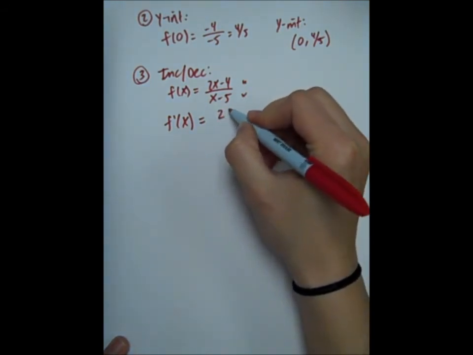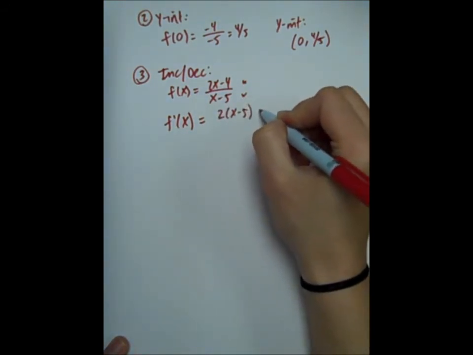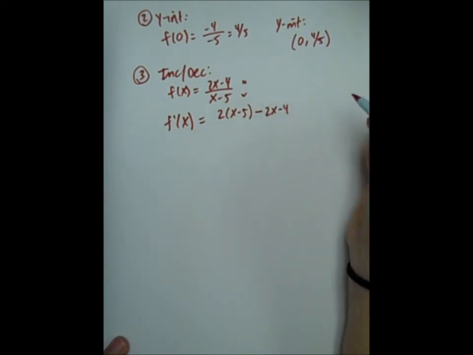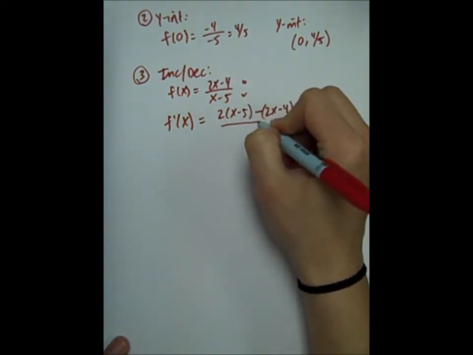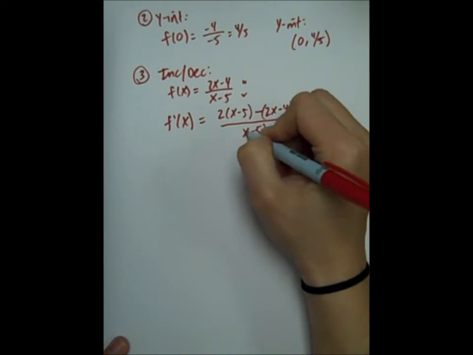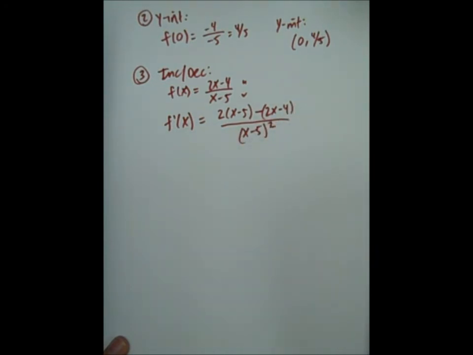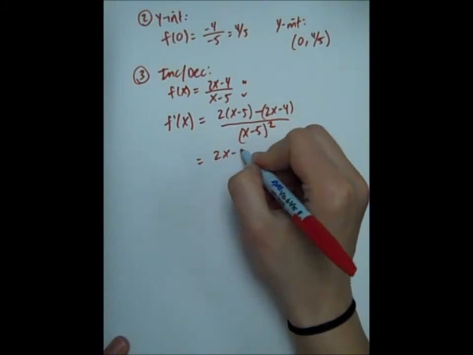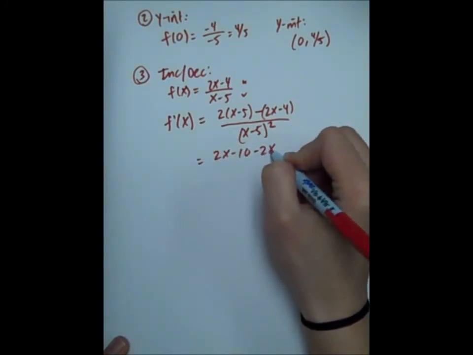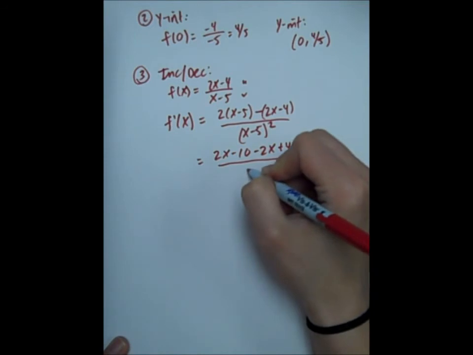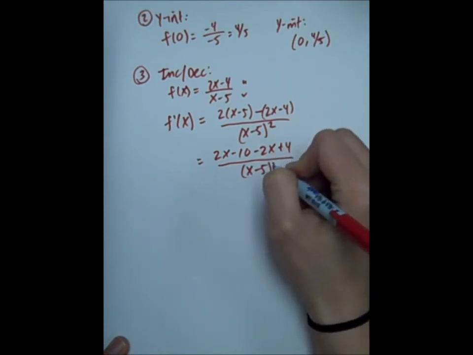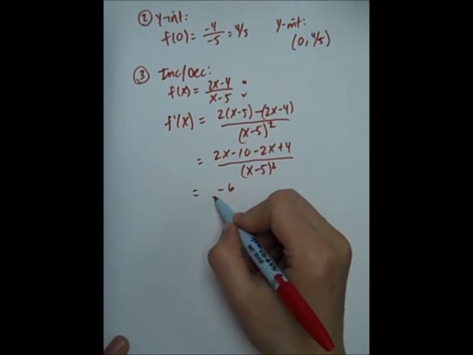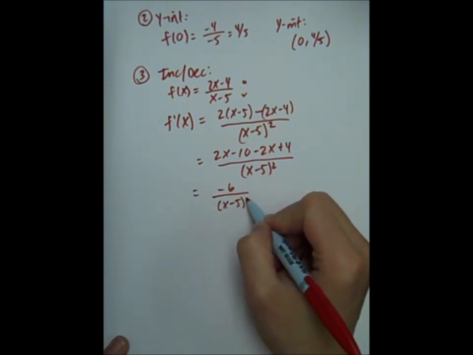So u prime v minus u v prime, v prime is just 1, over v squared. And let's simplify this just a little bit. (2x minus 10 minus 2x plus 4) over (x minus 5) squared. Well, my 2x is going to disappear, so I get negative 6 over (x minus 5) squared.